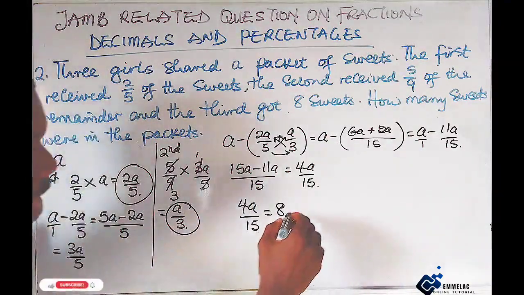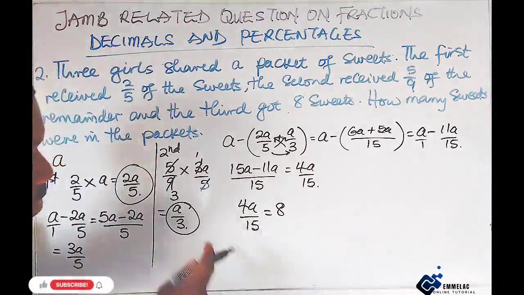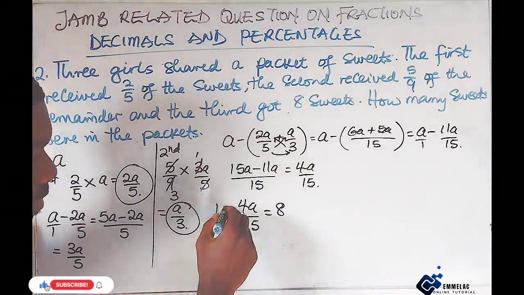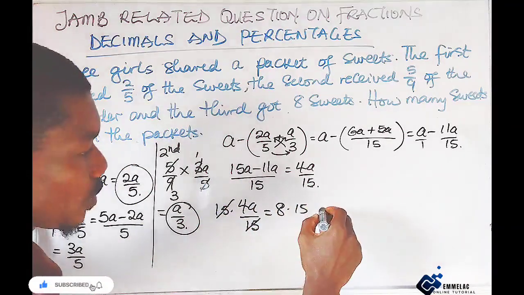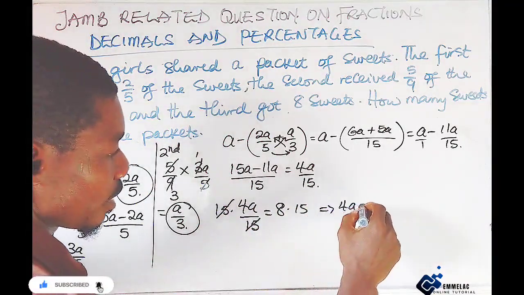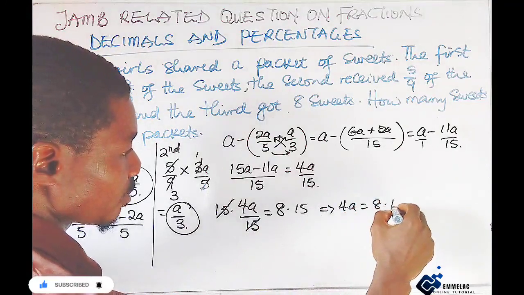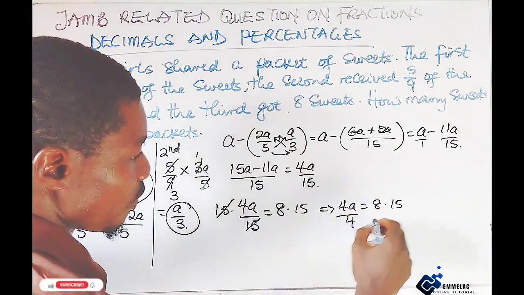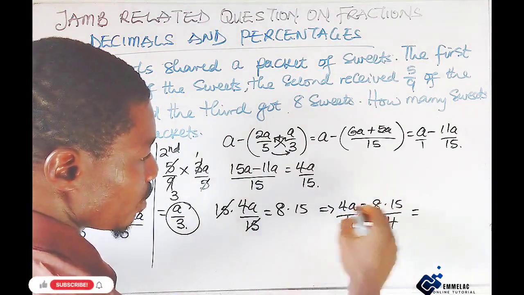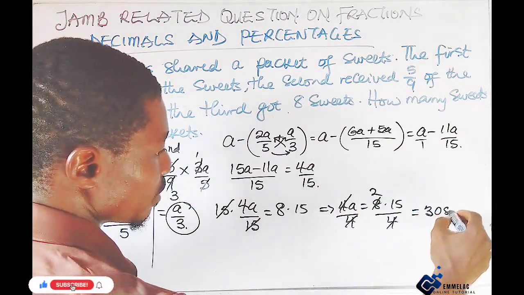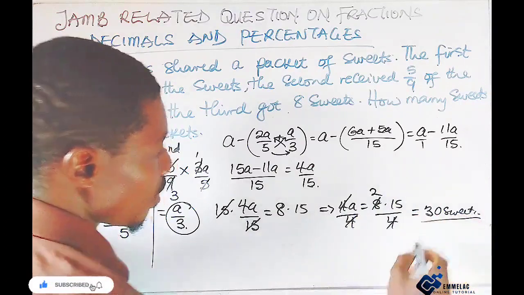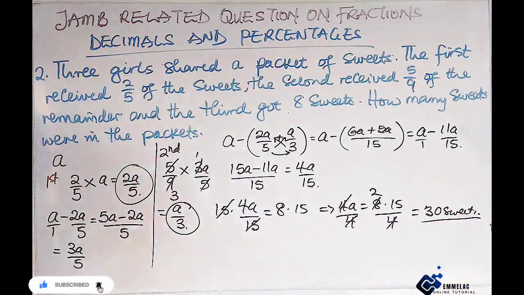Let's multiply both sides by 15, so we are left with 4A equals 8 times 15. Dividing both sides by 4, we end up with 30 sweets. That's the answer to this question.